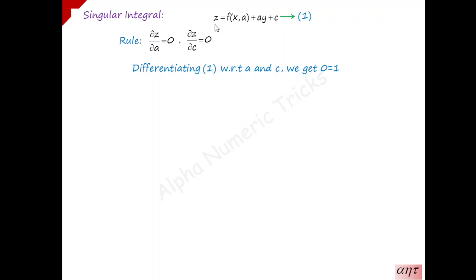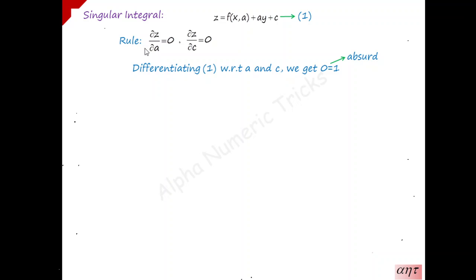Because when you differentiate this with respect to c, dou z by dou c is 0 and c with respect to c is 1, so you get 0 is equal to 1, which is an absurd result. So in that case we can't find the singular integral.